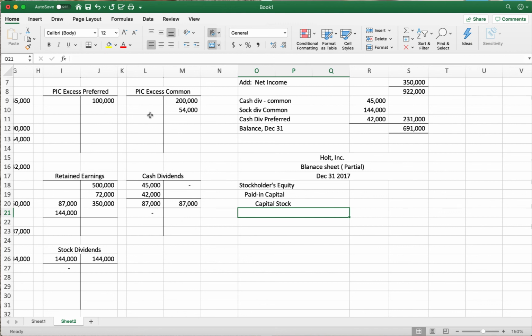So the first thing I'm going to list is our preferred shares. So we have 7% preferred stock. It has $100 par value.